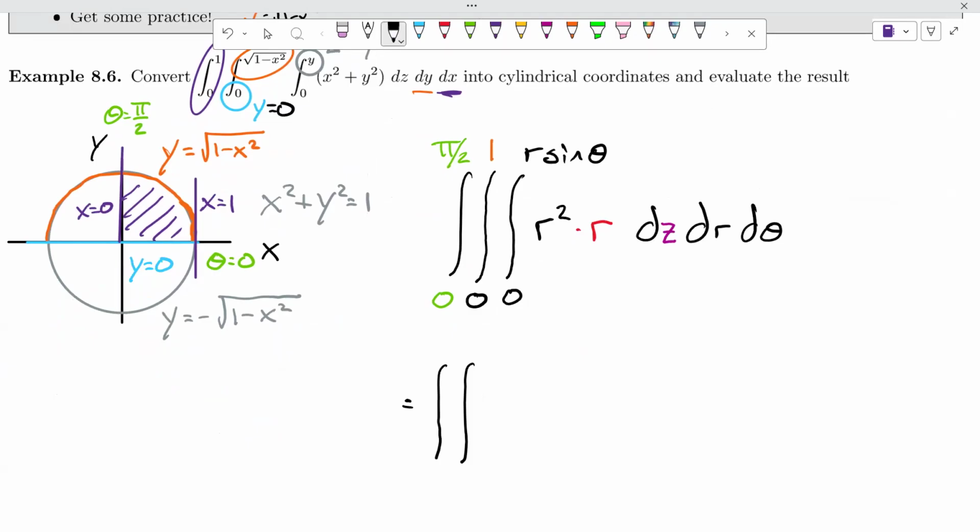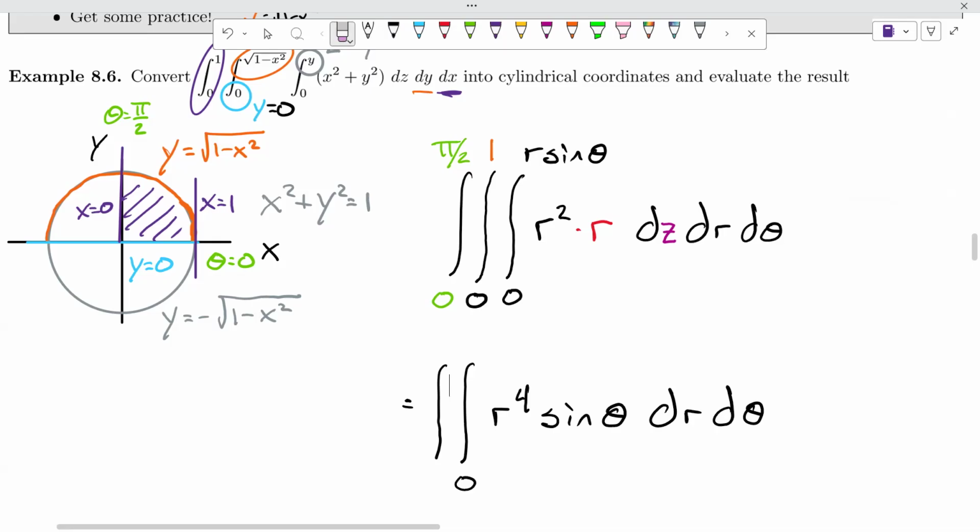So in the end, I will have 4 r's and 1 sine theta, all being multiplied together. r cubed times r sine theta. It's going to be r to the 4th times sine theta. Still with a dr and a d theta, r from 0 to 1, and theta from 0 to pi over 2.